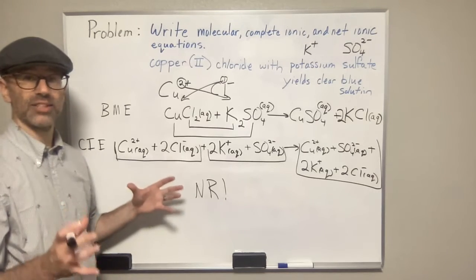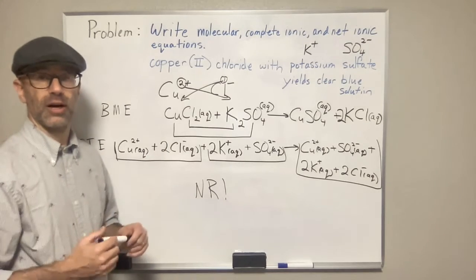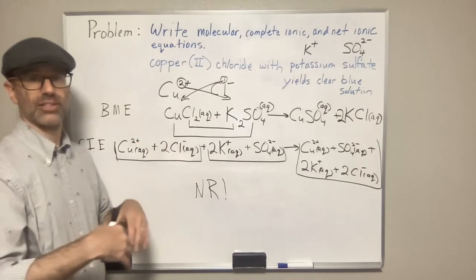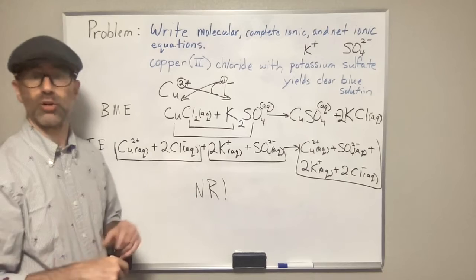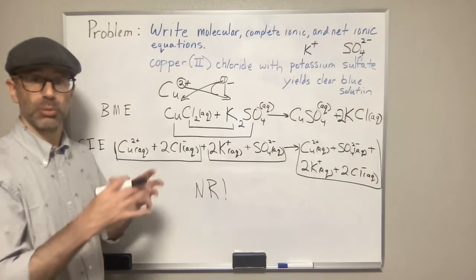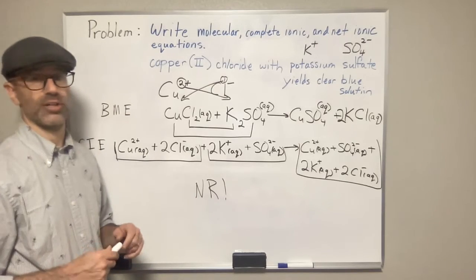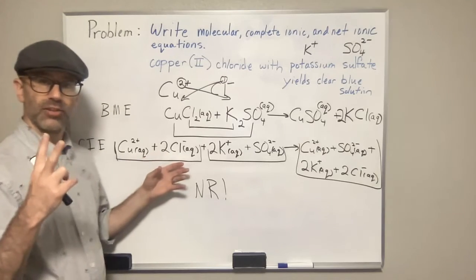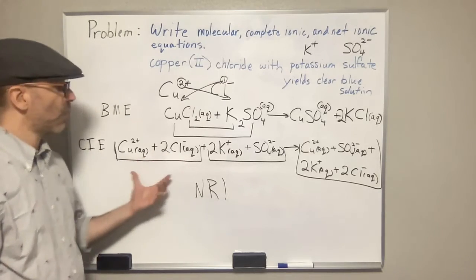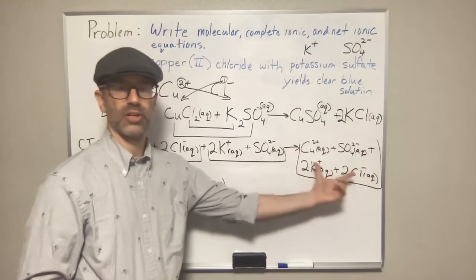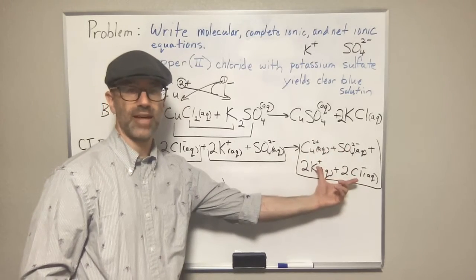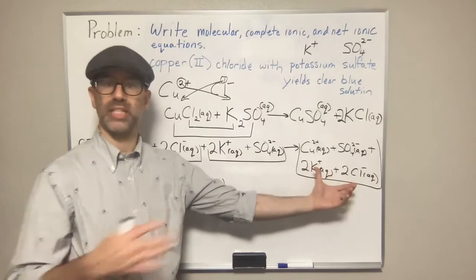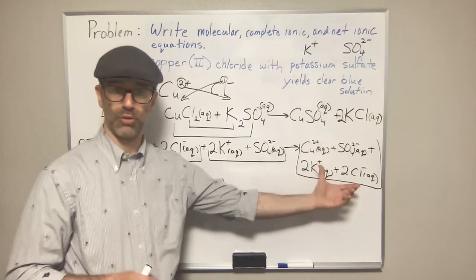So any ions that are coming together to form, say, a solid precipitate or a gas or liquid, those are going to be part of the reaction, and so those are not spectator ions. But here, you could see two ways. One, if we had a solid here, you could see what ions are involved in the solid, and then everyone else that is not involved in that solid would be spectator ions, and you get rid of those.